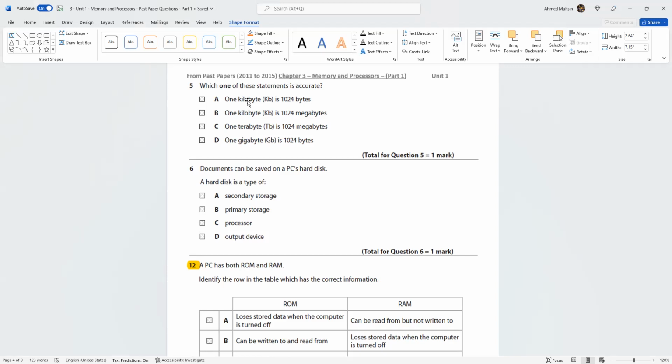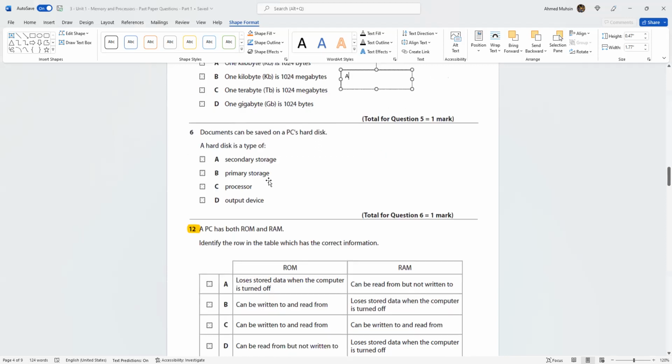I hope you remember in part 4 and part 5, where we explained the decimal number system and the binary number system. So over here, there is a small issue or correction: when they use the decimal number system, they should make this 1000, not 1024. Anyway, no problem. Let us put our answer. Answer is A. 1 kilobyte is 1024 bytes.